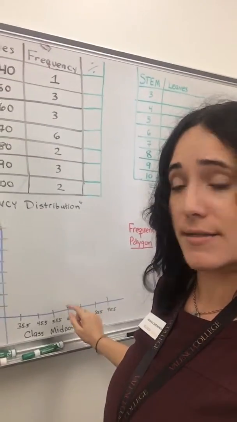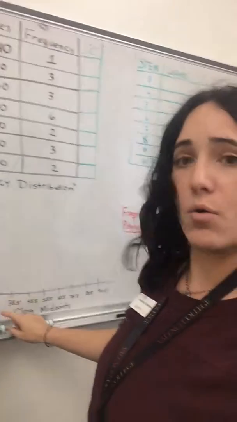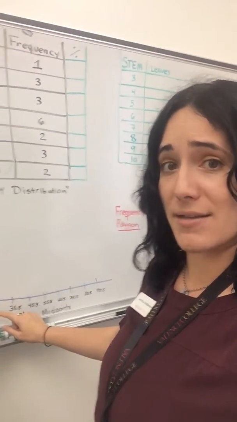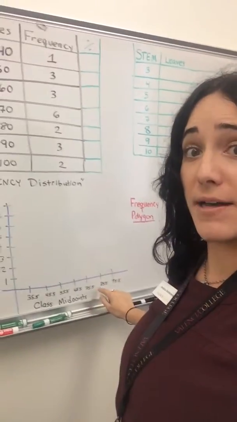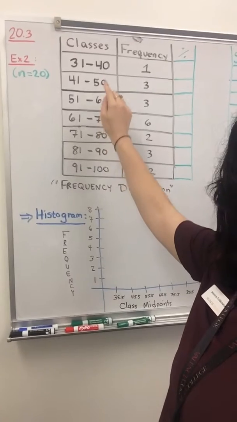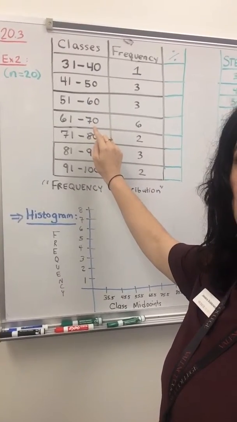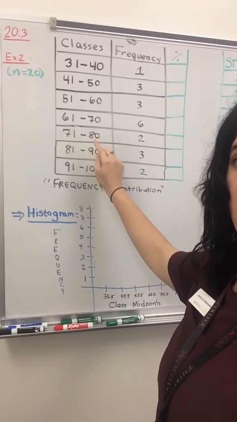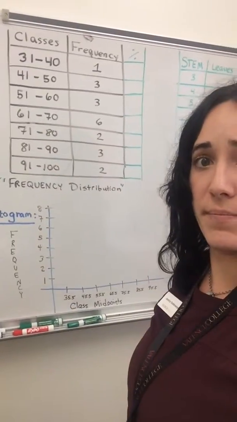So our vertical axis is always our frequency, and our horizontal axis, or our x-axis, is always our class midpoints. So we first had to find the midpoints of every class, as we did in our last example. 35.5, 45.5, 55.5, 65.5, 75.5, 85.5, and 95.5.